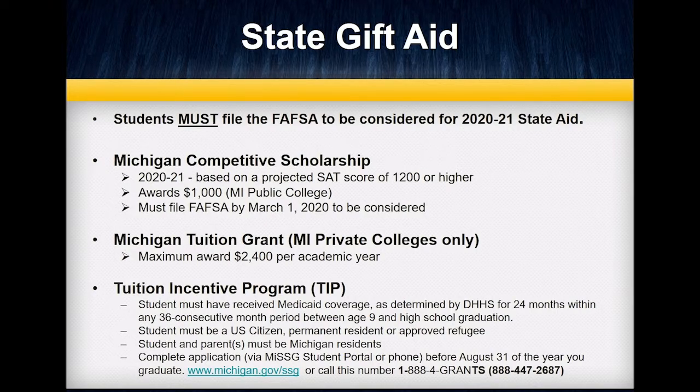The Michigan Tuition Grant is only available to private colleges, not GRCC or other public institutions. The Tuition Incentive Program is one that I like to spend a little bit of time on because students can be eligible for this if they received Medicaid coverage as determined by the Department of Health and Human Services, if they received it for 24 months within a 36-consecutive-month period between ages 9 and 18.